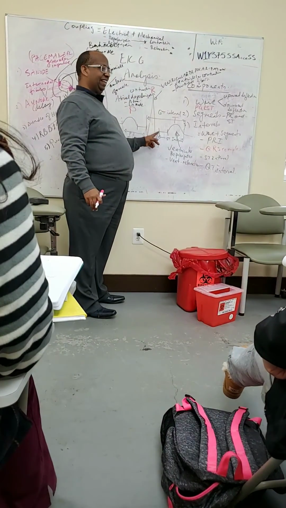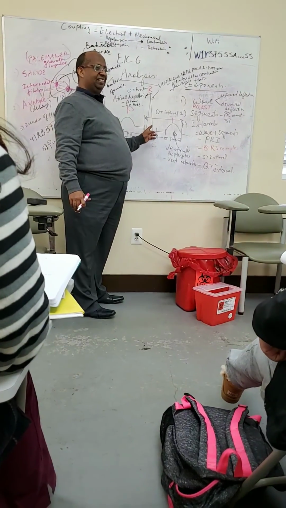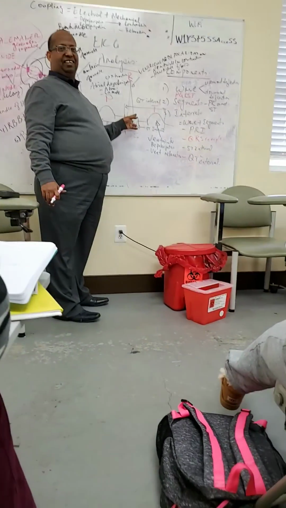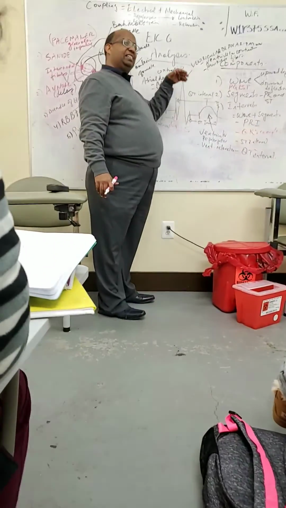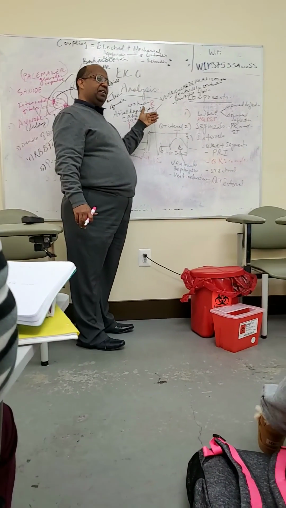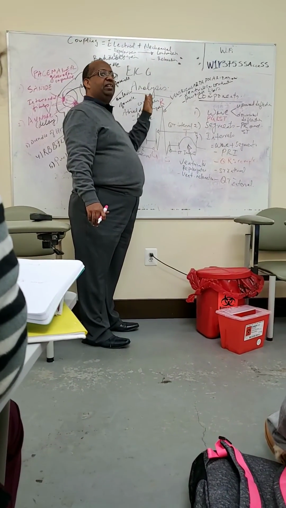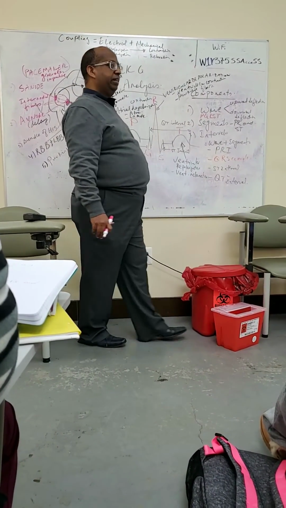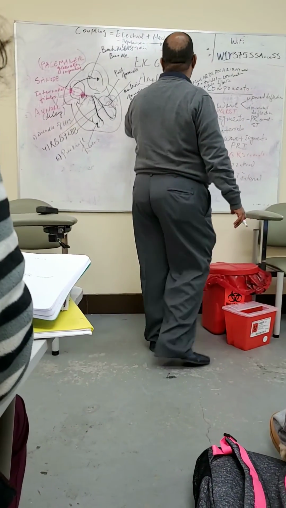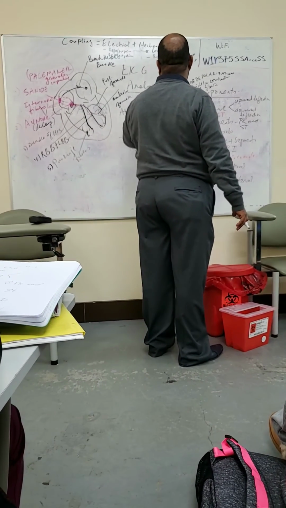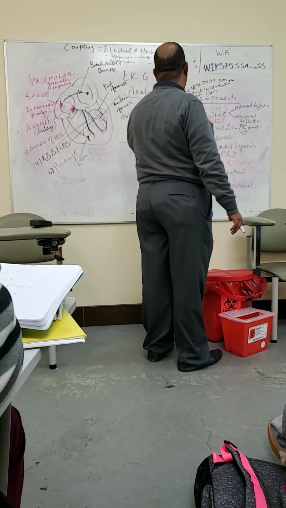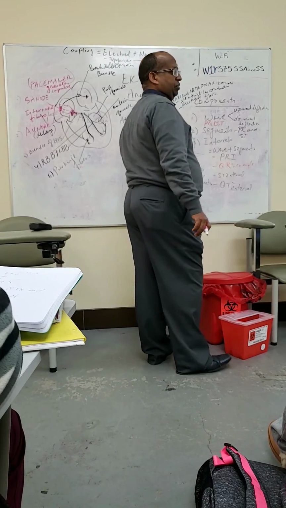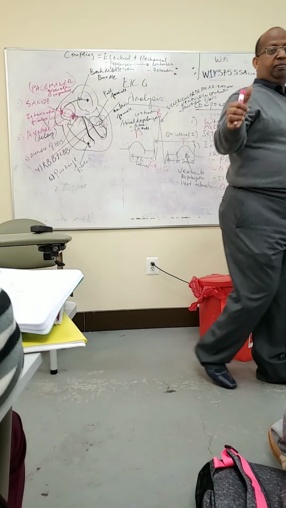So it relaxes here and you can't see it. It's hidden behind QRS, but the atria already repolarize. But what we have to know at the front is atrial depolarization, ventricular depolarization and ventricular repolarization.